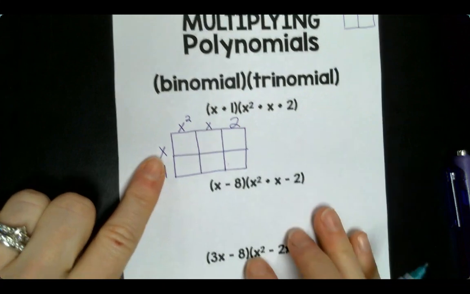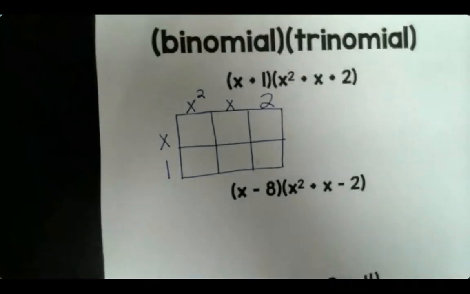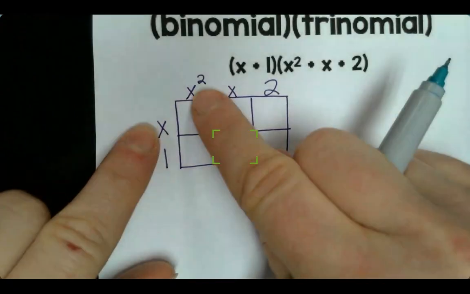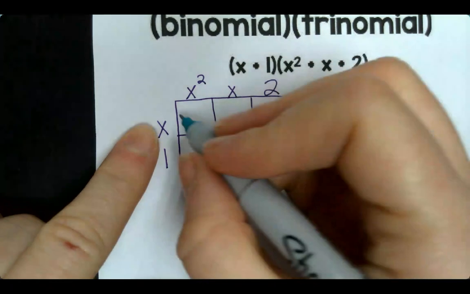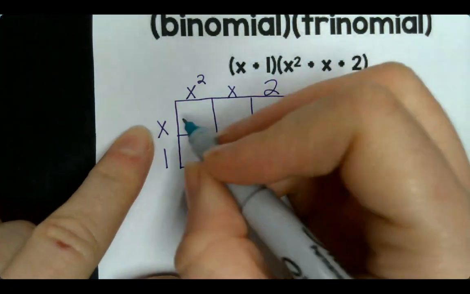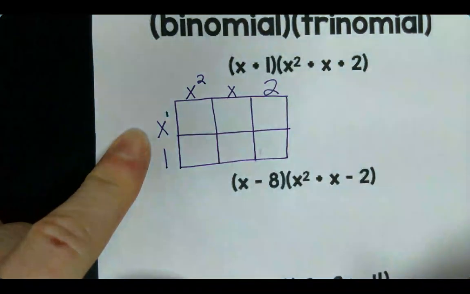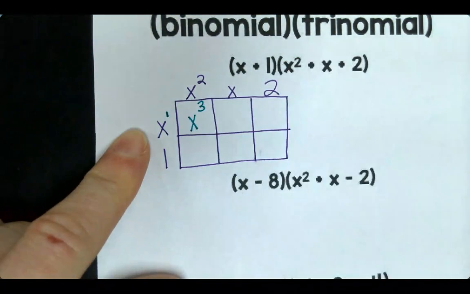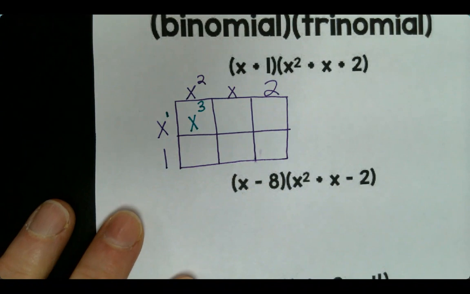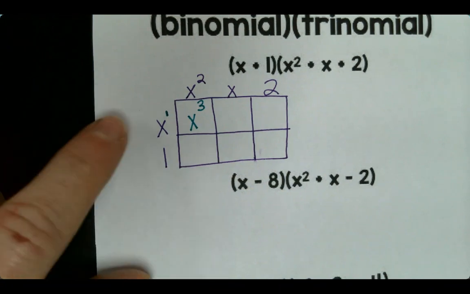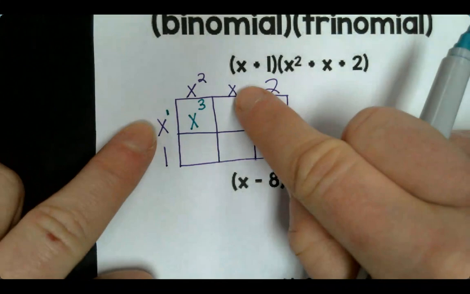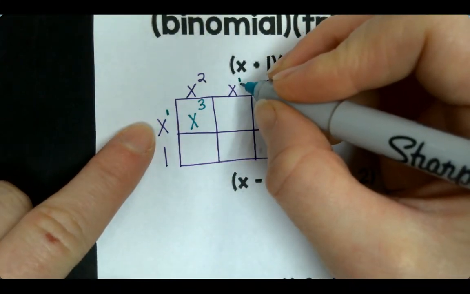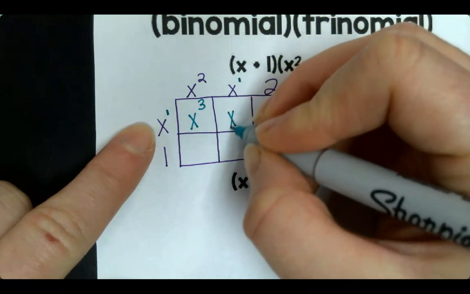All right, so we are going to multiply just like we did yesterday. So we're going to multiply x times x squared. When you multiply, you're going to add your exponents. So this is one exponent there. So x squared times x would be x to the 3rd power, x cubed. Then x times x, so that's a 1st power. So remember, you add your exponents, x and x squared.